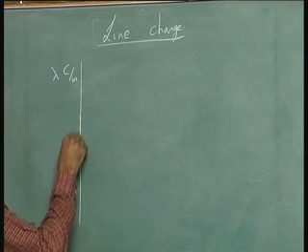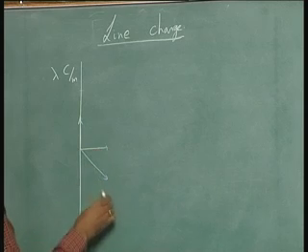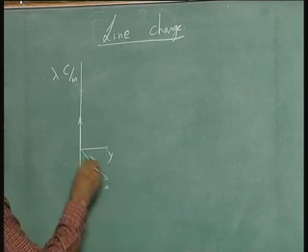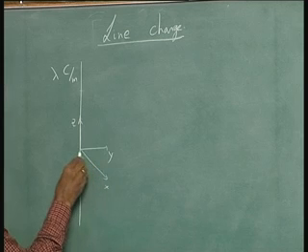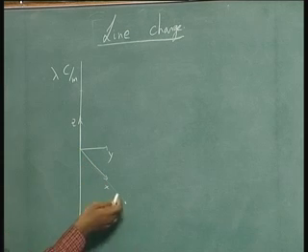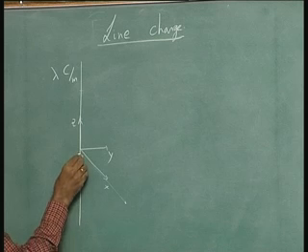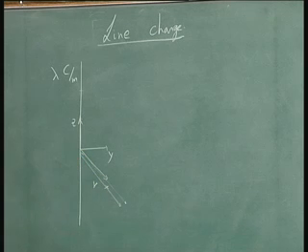My coordinate system is like this, that is x, y, z. I have put the line charge along the z axis. And then at some point distance r from the line charge, I want to find the electric field.